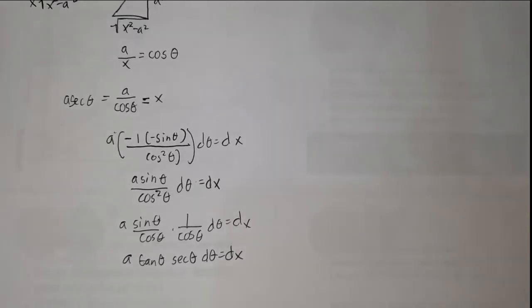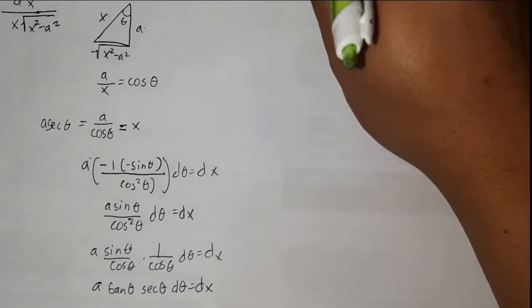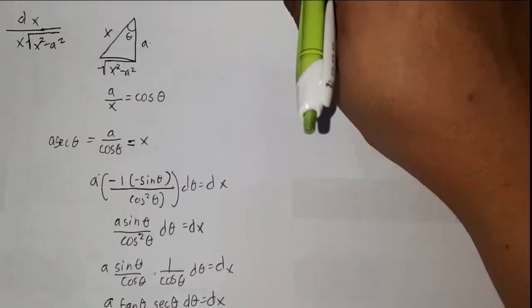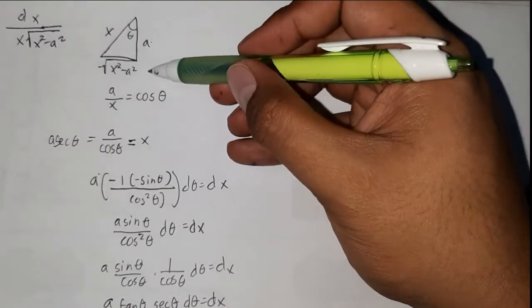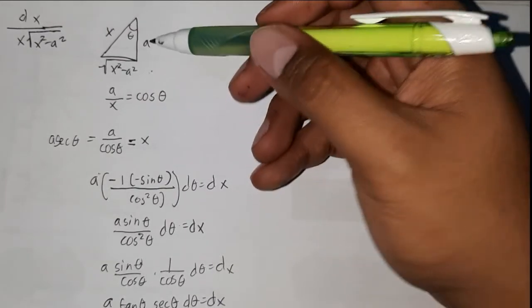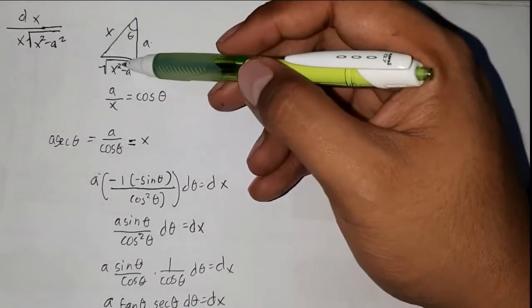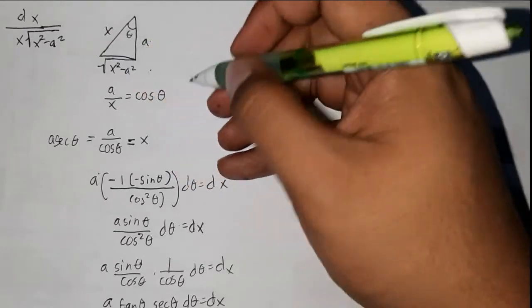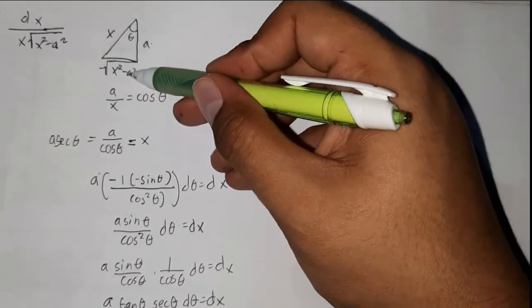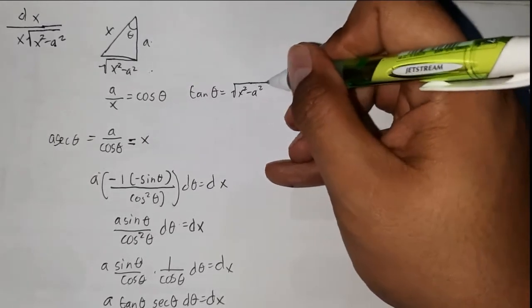So next would be getting the other part. Actually, for this one, tangent theta equals opposite over adjacent.